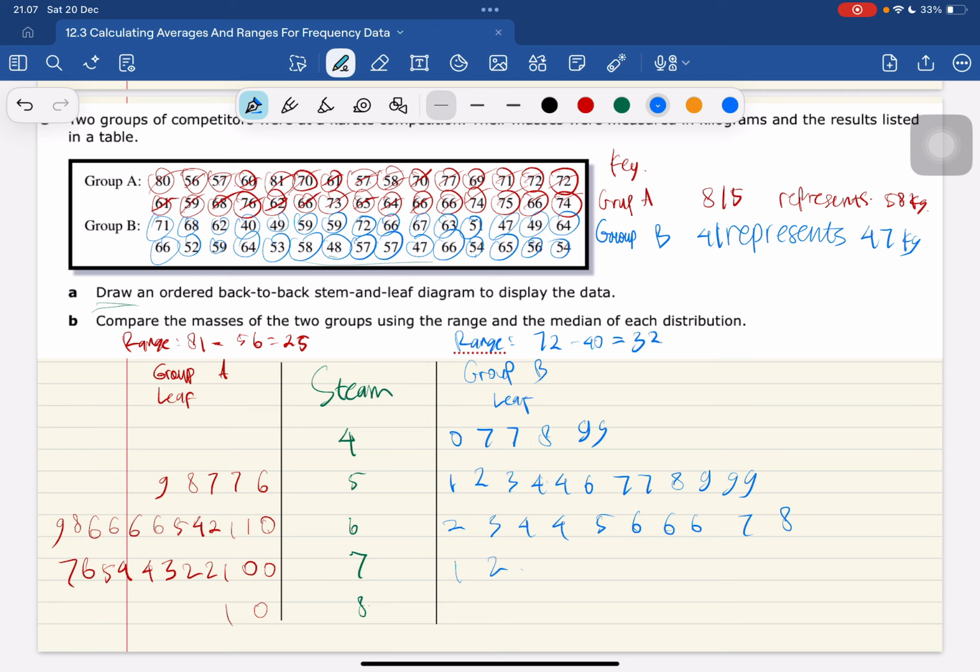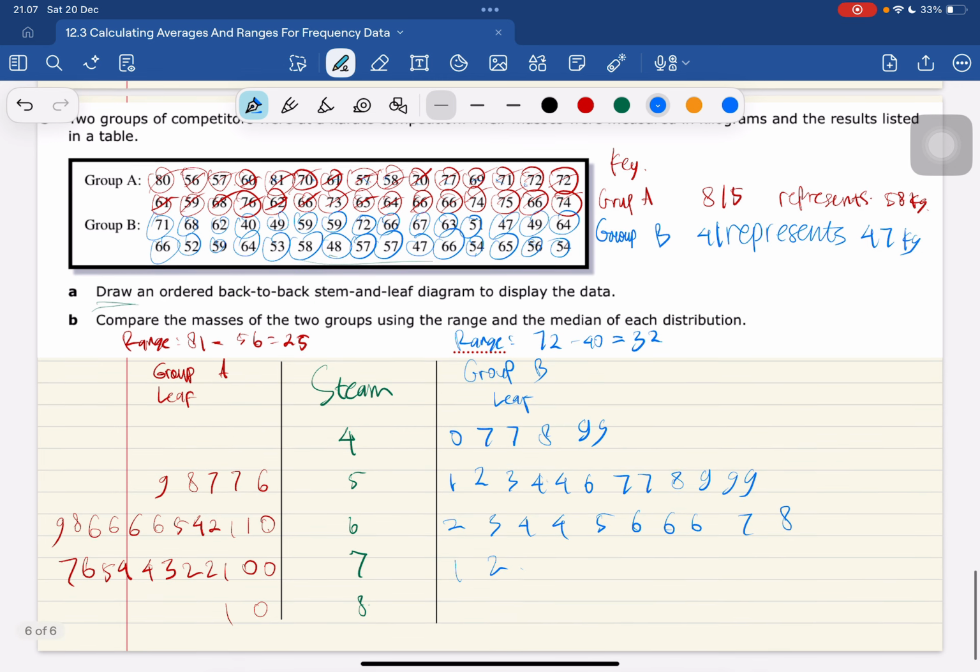Median, the middle number. How many numbers are there? We got 30. So 30 divided by 2 is 15. Find the 15th number. 1, 2, 3, up to 15.